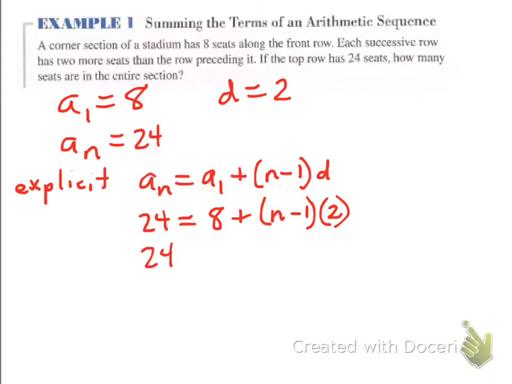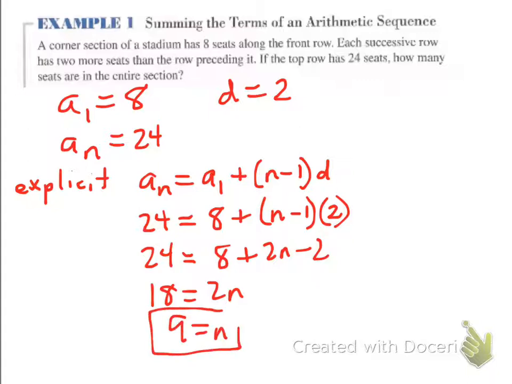So 24 equals 8 plus 2n minus 2, distribute the 2. Combine like terms, move stuff over. So you're going to wind up with 18 on the left side equals 2n. So n equals 9. So there's going to be 9 rows.